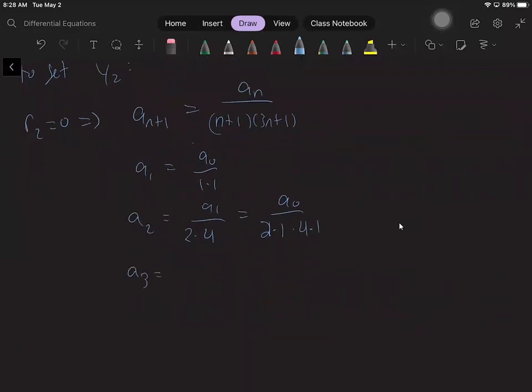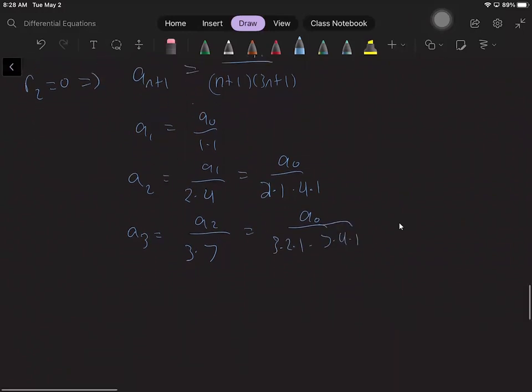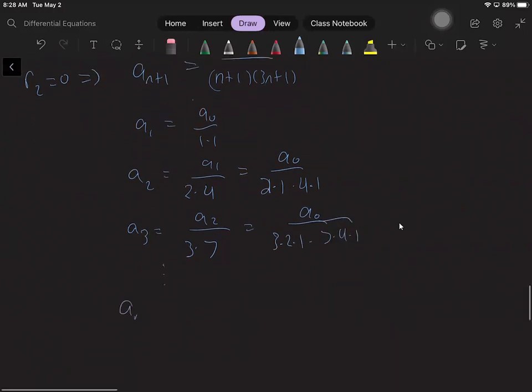a3 is a2 over, now I'm plugging in 2, so I get 3 times 7, and so I get a0 over 3 times 2 times 1, and 7 times 4 times 1, to see the same pattern as last time. So in general, it's starting to look like this.